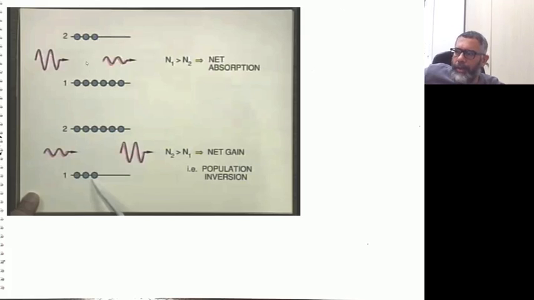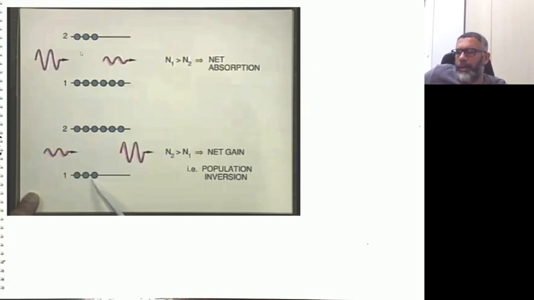If we have a larger number of atoms in the ground state compared to the excited state, your system acts like an absorber. You will never increase the number of photons from this system, even if you send some photons to produce stimulated emitted photons.